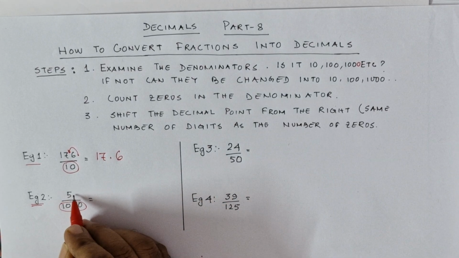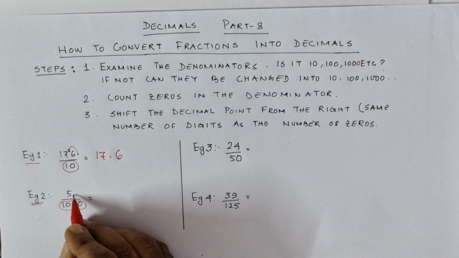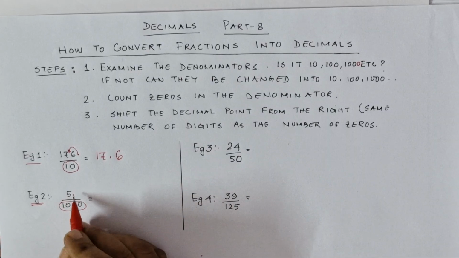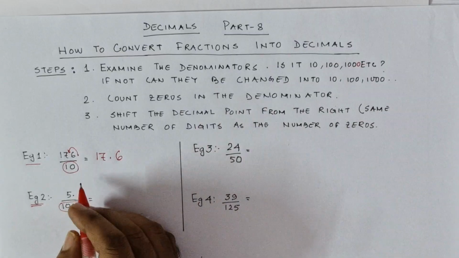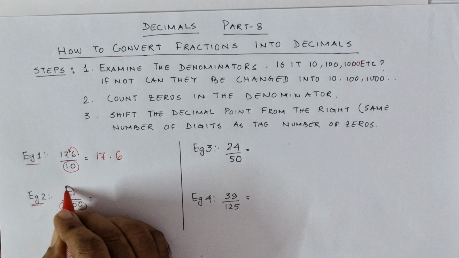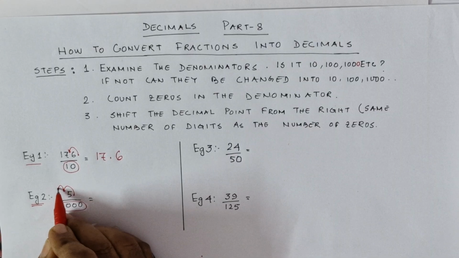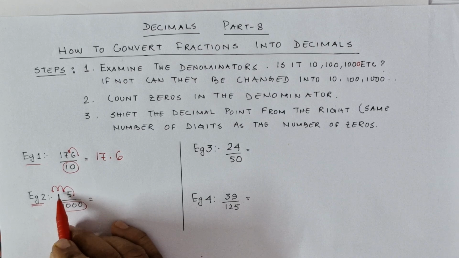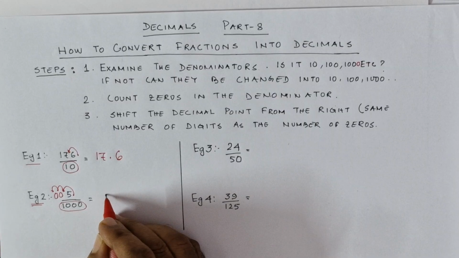So imagine, students, at the extreme right, because it is a whole number 5 in the numerator, the decimal point to be here. Now shift this 3 places from the right to the left. So 1 place gone, 2 places, and 3 places. Now see, here is nothing, so fill it with 0. Here is nothing, so fill it with 0.